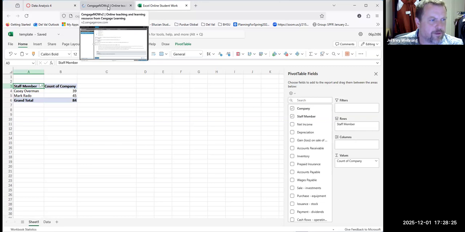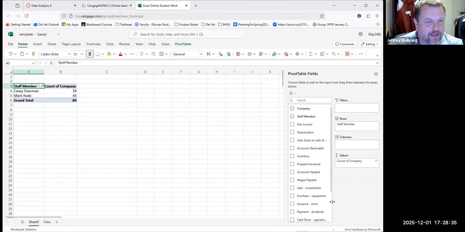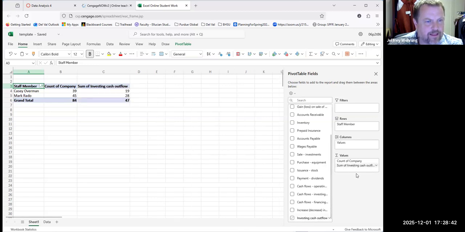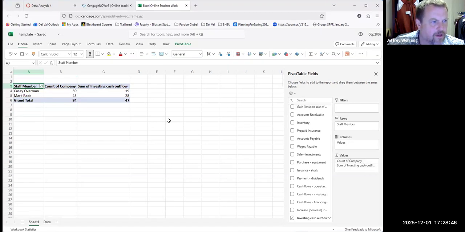So Rado and Overman. We want to know how many of Rado and Overman's clients combined had a net cash outflow from investing activities. So that's why we needed that new column we created, which was investing cash outflow. We can put that in there and have that count or have that sum.